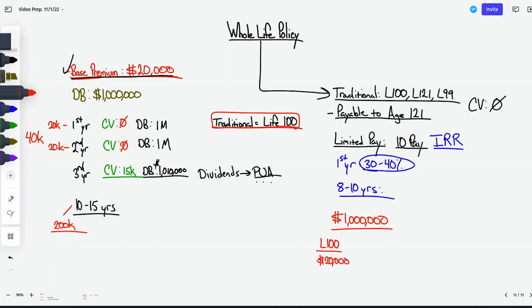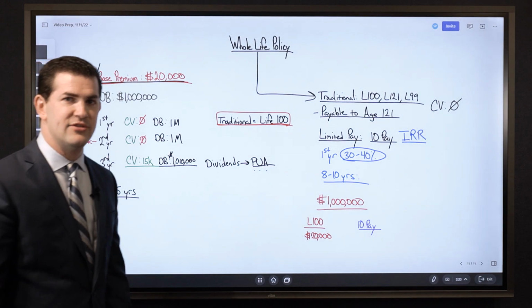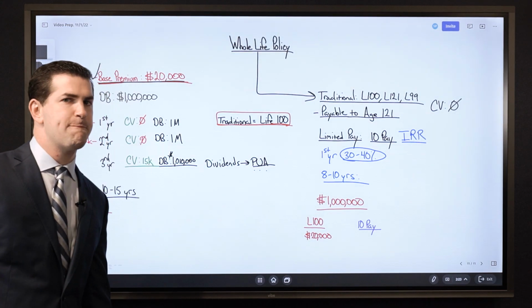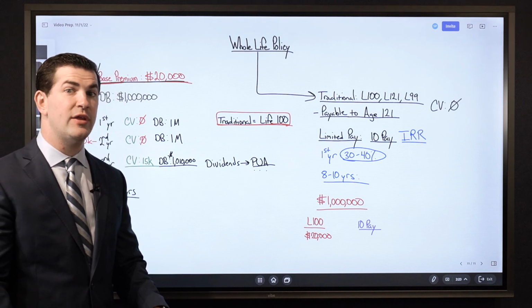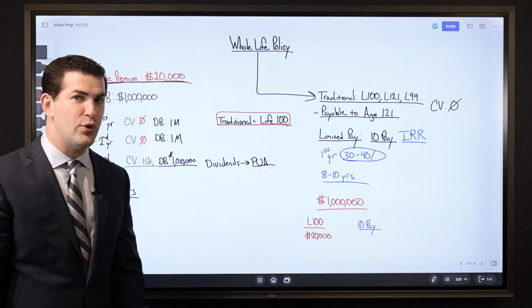I say only $20,000 per year. You'll see where I'm going. Versus the 10-pay product, you're that same 40-year-old individual. How long can you pay into the policy? Until age 100? No, 10 years maximum. So what does that mean? If you're the insurance company, what would you do here?